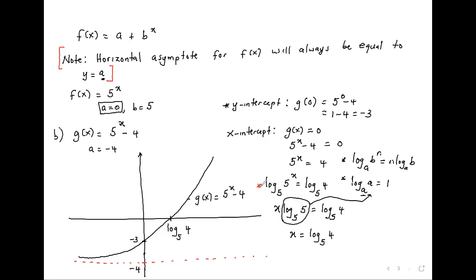So I'm moving to C. Moving to C, we have h of x is equal to 5 power x minus 3. We want to sketch, but we know the formula already because x is positive there.